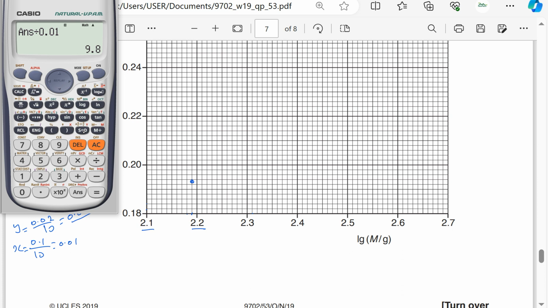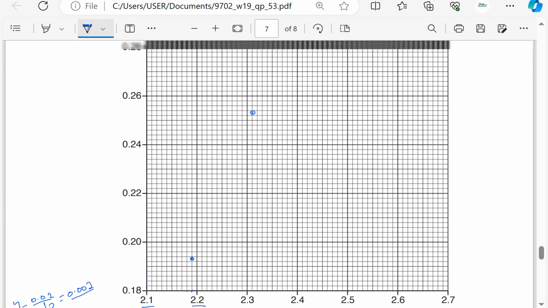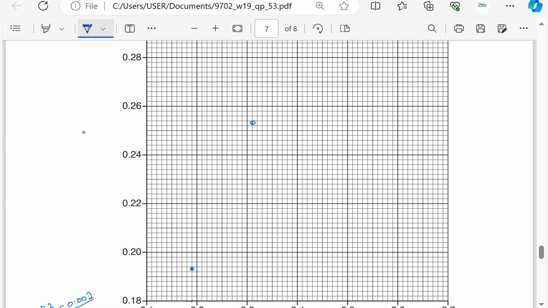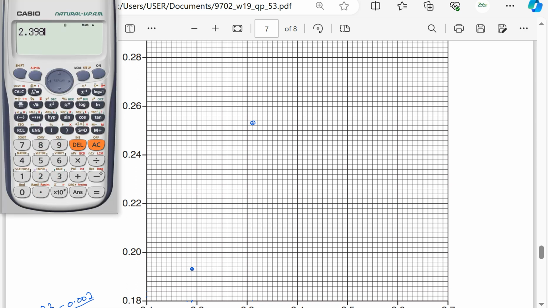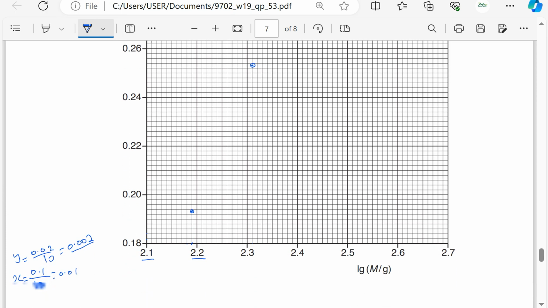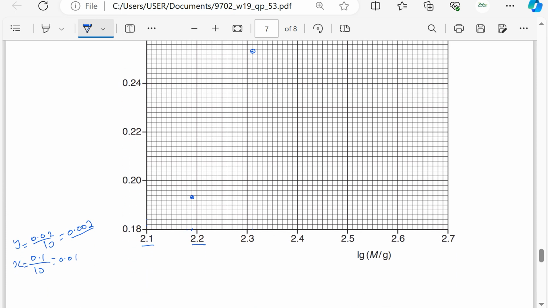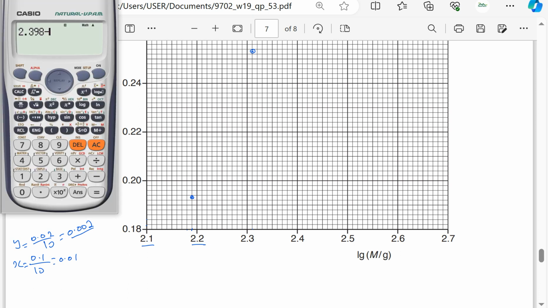Then on the y-axis, I have to plot, what am I doing? I've changed this. Sorry. I'm plotting on the x-axis 2.398. So I say 2.398 minus 2.3 divided by 0.01.